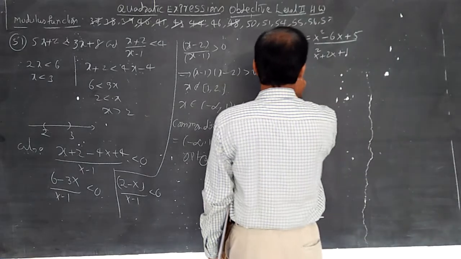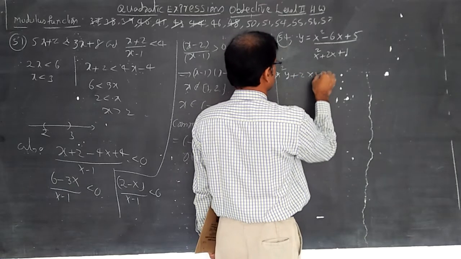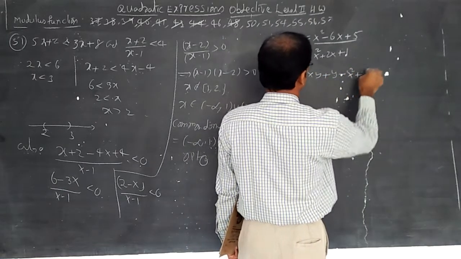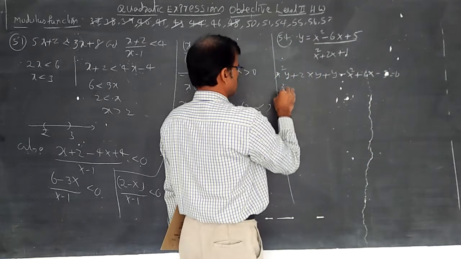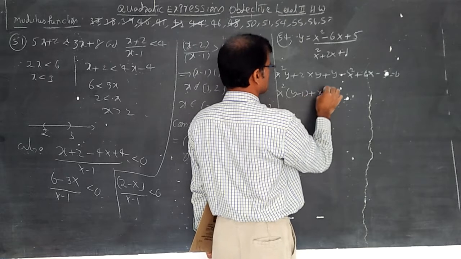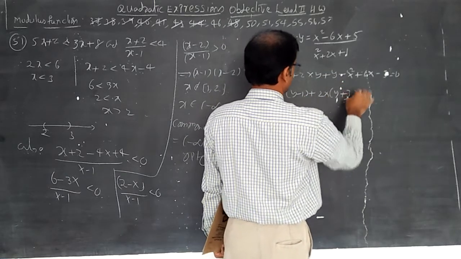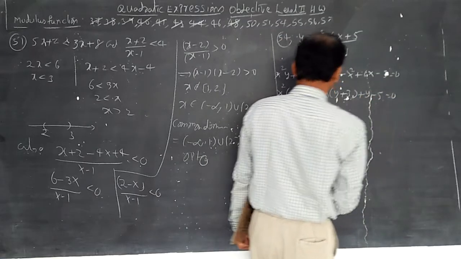So x square, y taken common. Okay, let us write the first step: x square y plus 2xy plus y minus x square plus 6x minus 5 equal to 0. x square taken common, it becomes y minus 1, plus x taken common, 2x taken common, it becomes y plus 3, plus y minus 5 equal to 0.